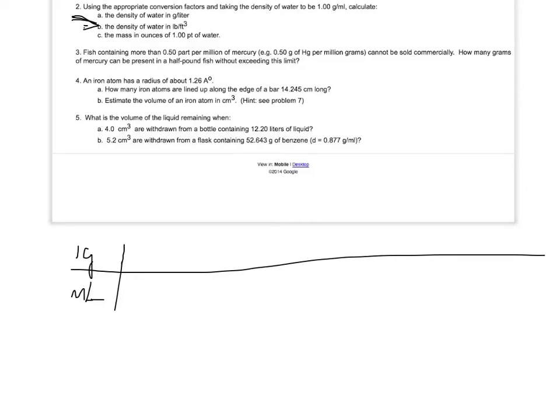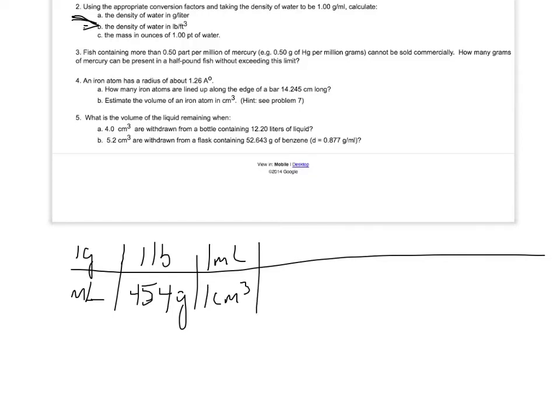That's an easy one because there are 454 grams per 1 pound. So now we've already got it into pounds, and the last step is to go from milliliters to cubic feet. So one of the things that I can say is in 1 milliliter, there is 1 centimeter cubed.